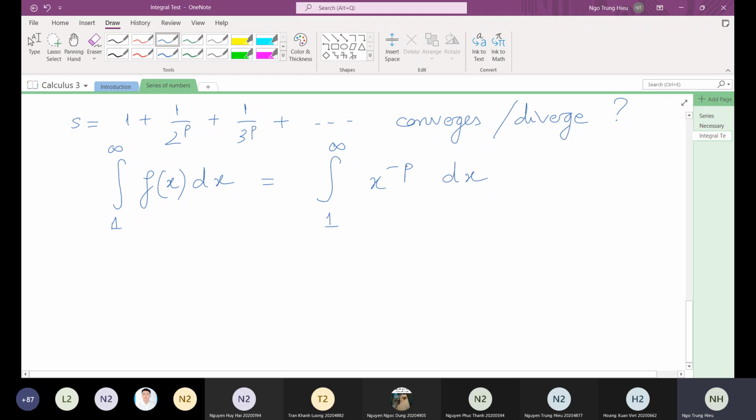So can anyone compute this integral? Can anyone check whether this integral converges or diverges? What is the antiderivative of x to the negative p?